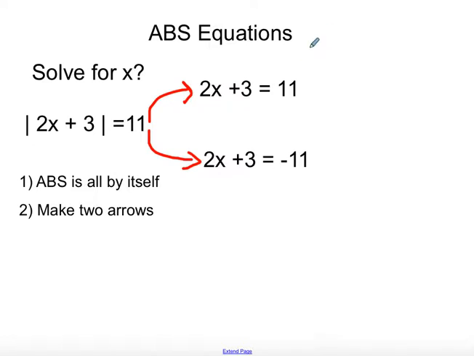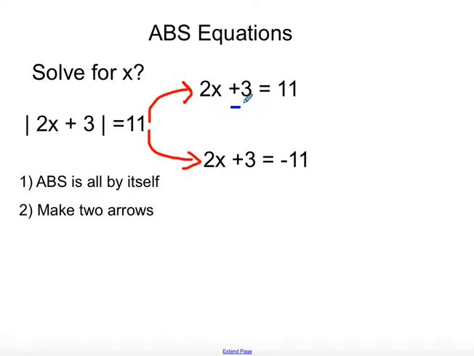Okay, now we're just going to solve the equation. This is a simple two-step equation. We worked on two-step equations previous quarter, so you should be able to just consider this as a review now.